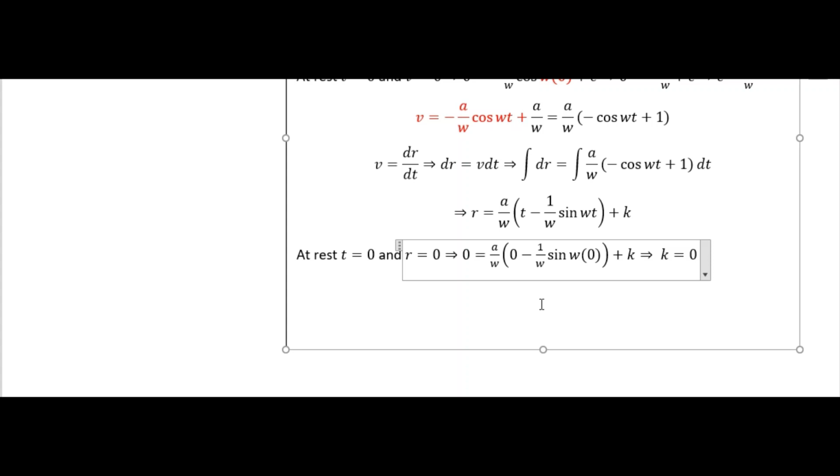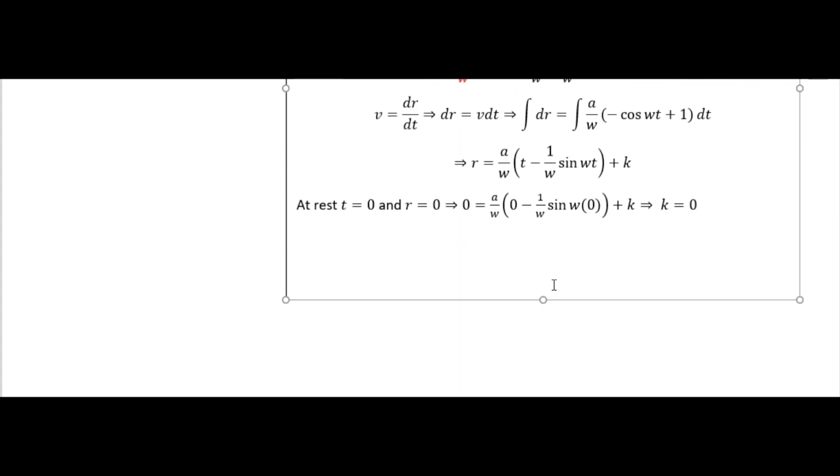We simply need to come back to our equation, because we are looking for the position vector, that is displacement. So we come here and we replace k with 0. In the place of k, we put 0. It means that we just need to wipe it out.